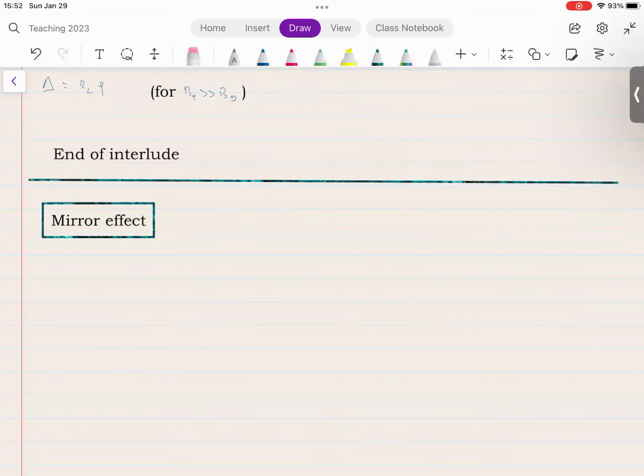Let's suppose we have a magnetic field that goes this way, but the strength of the magnetic field is increasing going in the direction of the magnetic field.